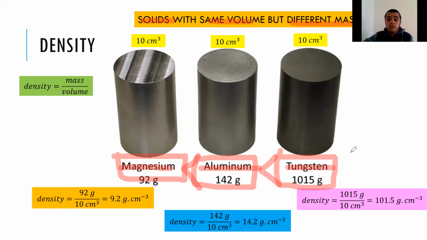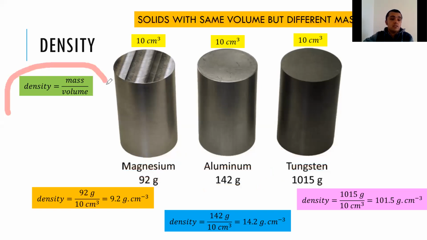And also I would like to use the density formula, and I want to calculate the density in grams per cubic centimeter. How can I do that? Very easy. Density is equal to mass over volume. What is the mass of the first one? 92 grams. And what is the volume of the first one? 10 cubic centimeters. 92 divided by 10 is 9.2 grams per cubic centimeter.